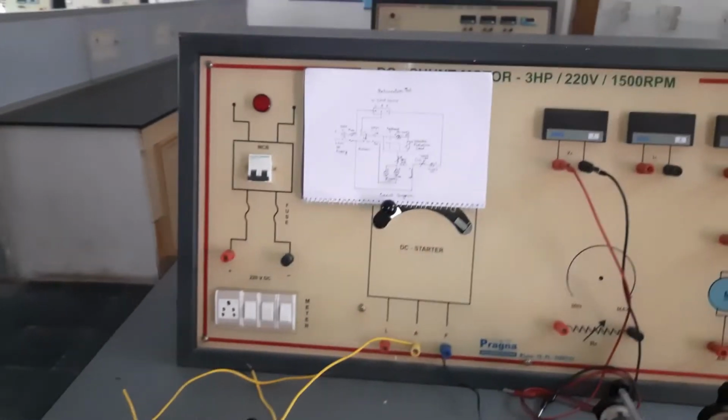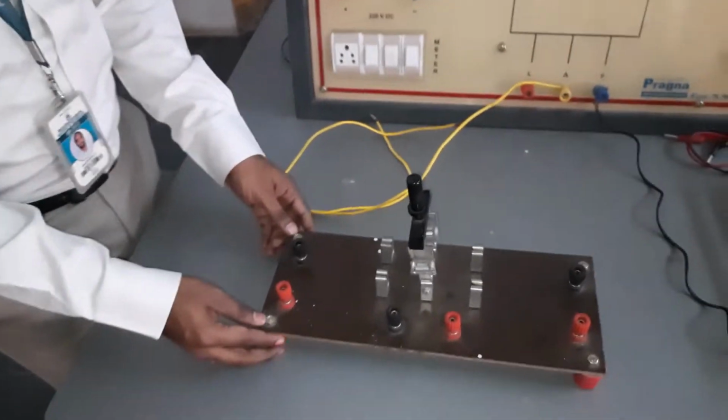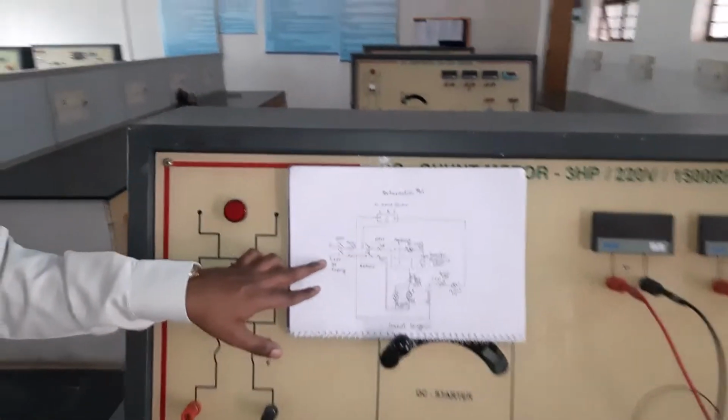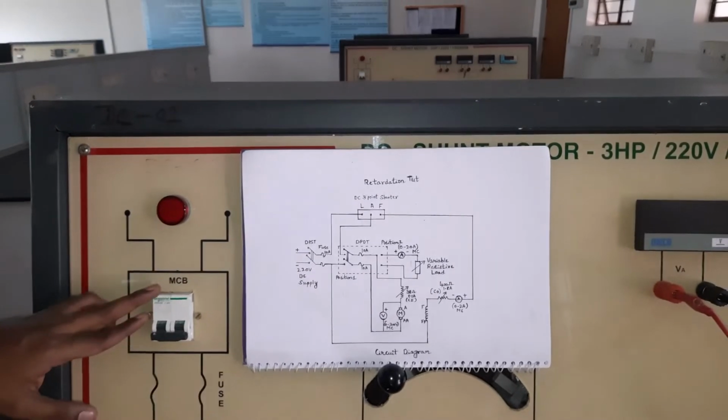So I am going to explain the connection diagram. This is the DP/DT switch. From the connection diagram, there is a 220 volt DC supply with a main MCB.